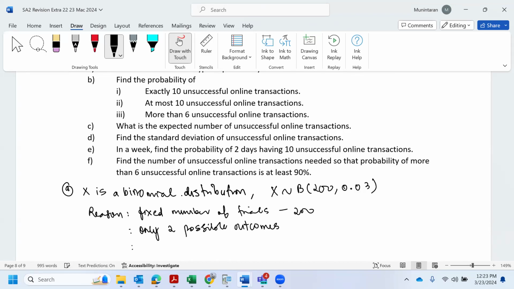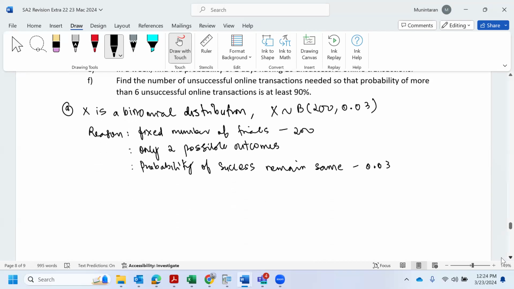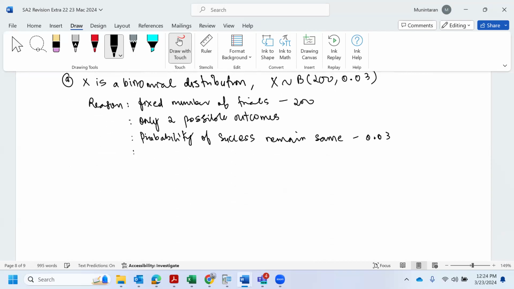Your probability of success remains constant, which is 0.03, and it is all independent. Independent trials. So assume the customers do not influence each other.